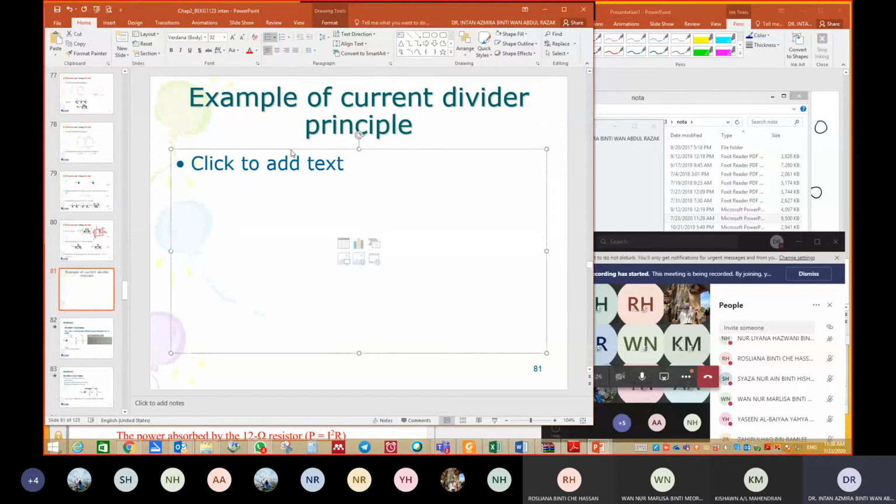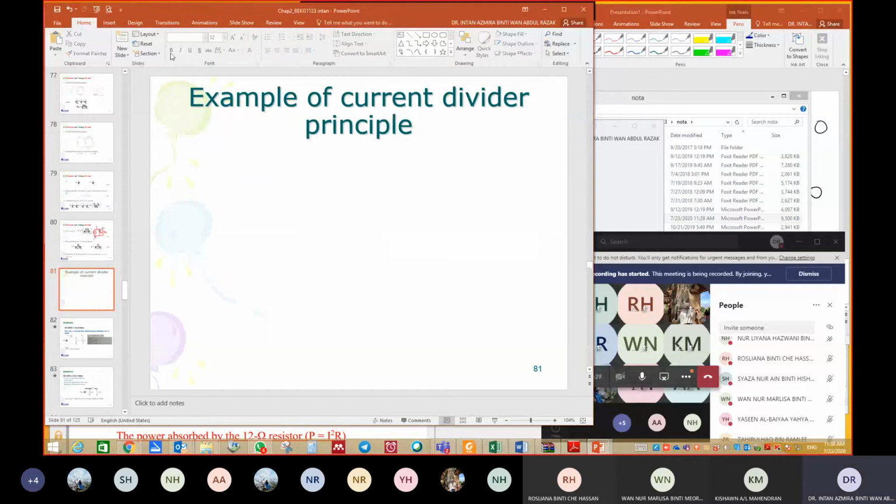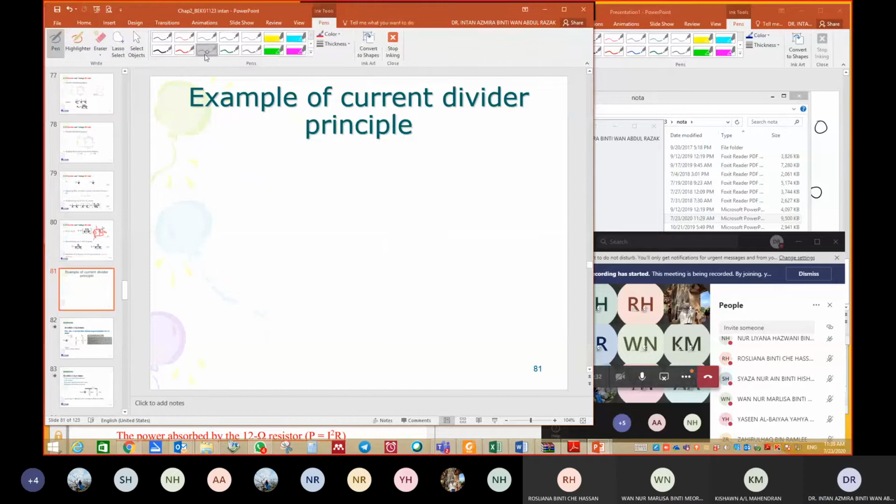So let's say we have this is 2 ohm, this is 3 ohm, and then we have a current source of 4 amps.